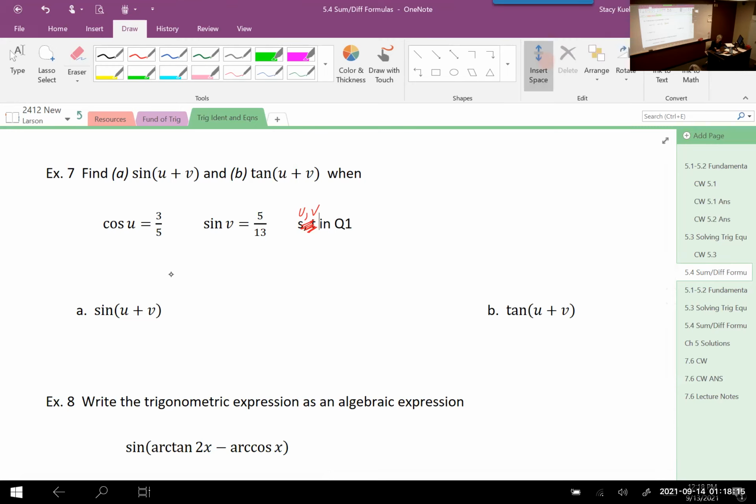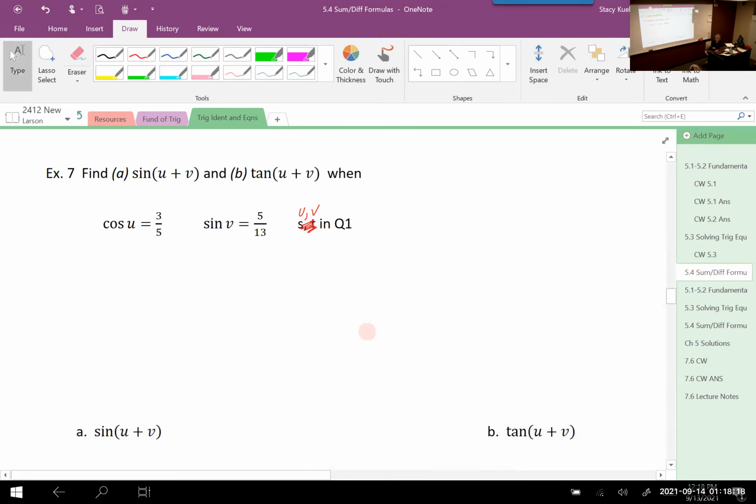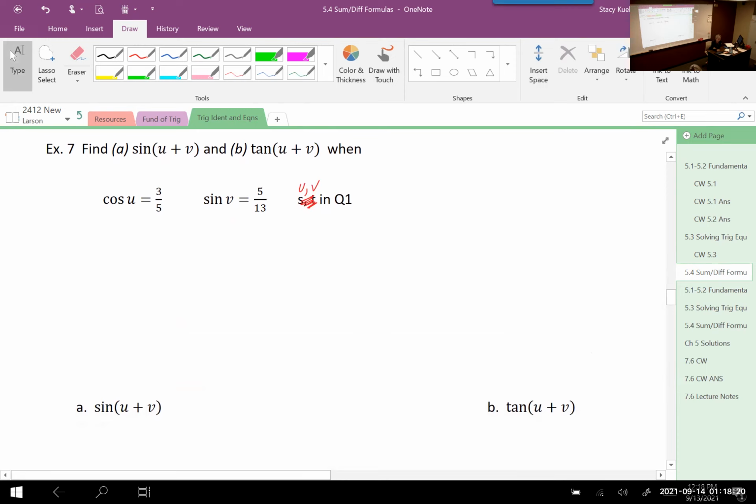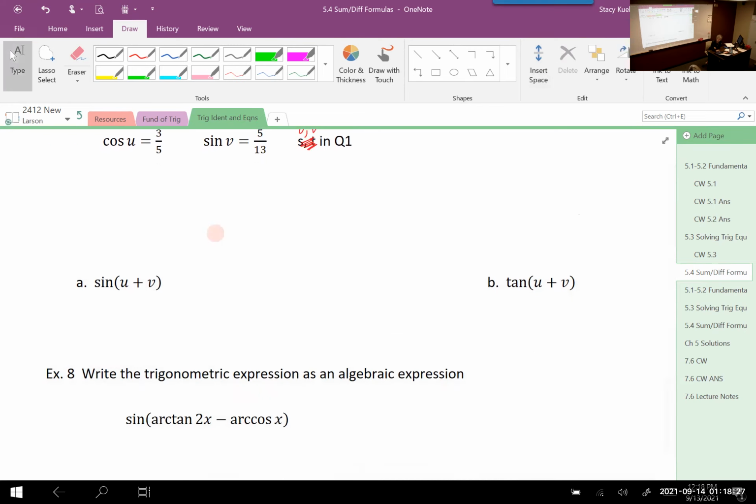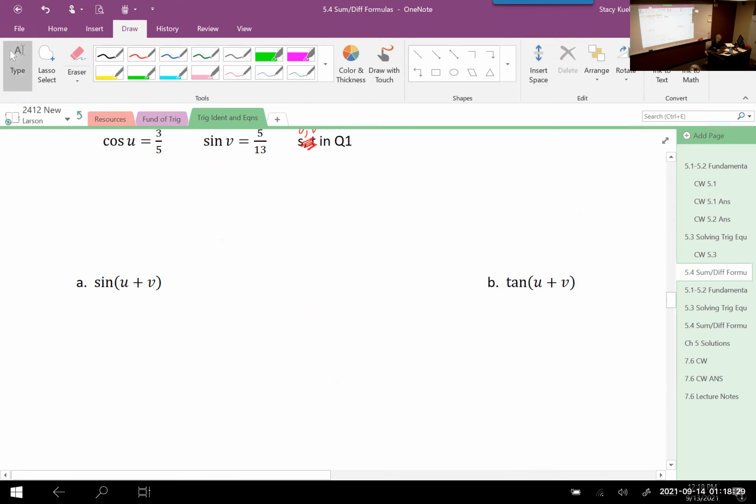This is where we're going to remember that in order to take the sine of u plus v, let's come down here and look at this first. When I take the sine of u plus v, it's going to be the sine of u times the cosine of v plus the cosine of u times the sine of v, right?